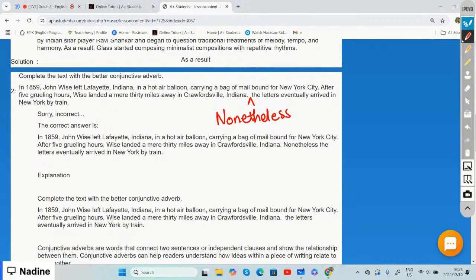Remember, nonetheless is basically just to give us an indication that even though you took a hot air balloon, the mail was then delivered via train. Nonetheless is there just to show that, as long as it got to the place, that is what it means.